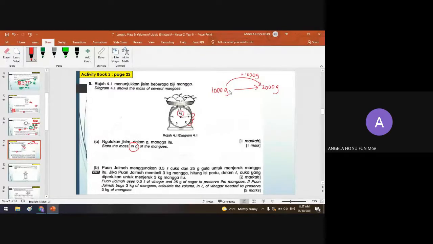But if there are only 4 pointers here, so 1, 2, 3, 4, each jump equals to how many gram? Anyone can tell me?